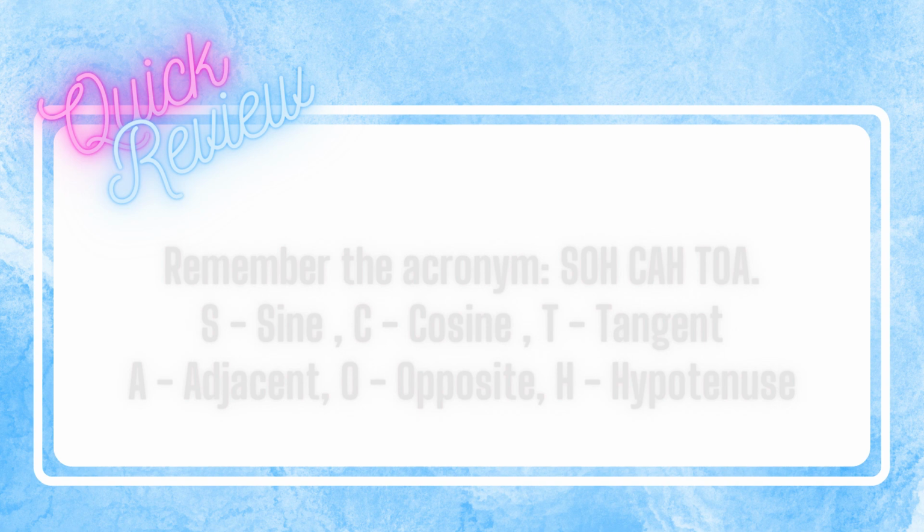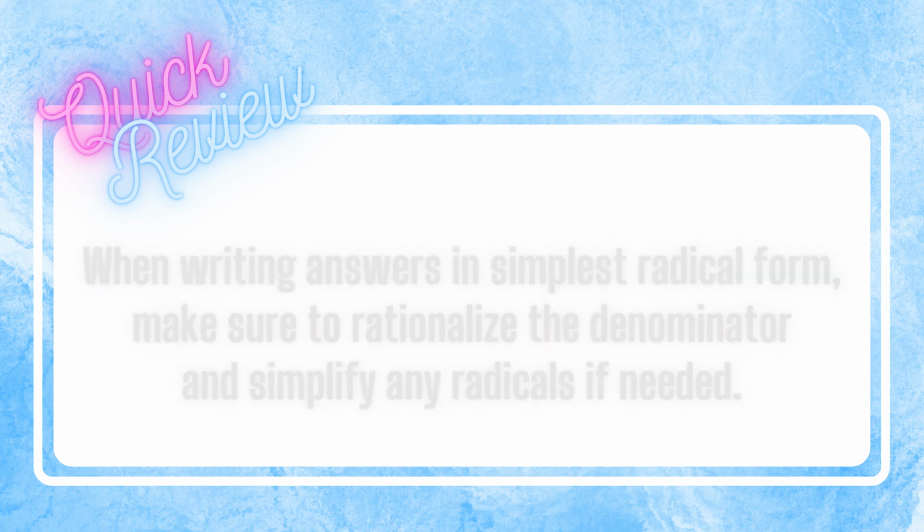And A stands for the adjacent side, O for the opposite side, and H for the hypotenuse. When writing answers in simplest radical form, make sure to rationalize the denominator and simplify any radicals if needed. And sometimes you might have to simplify the entire fraction itself.